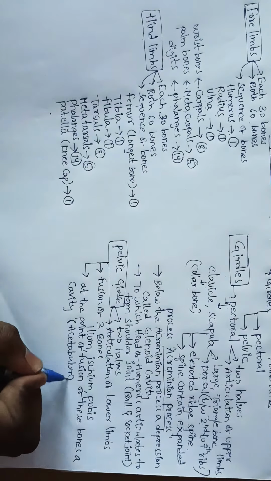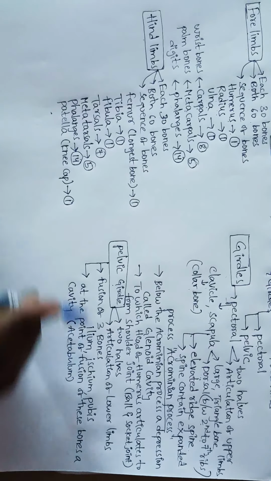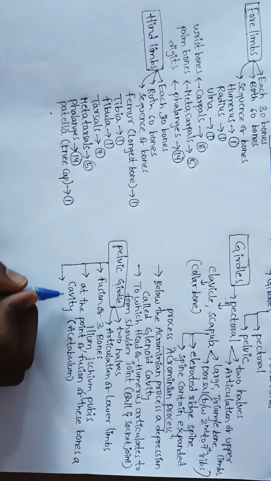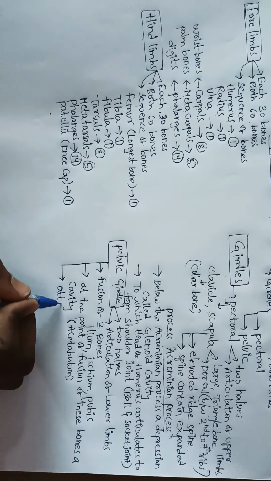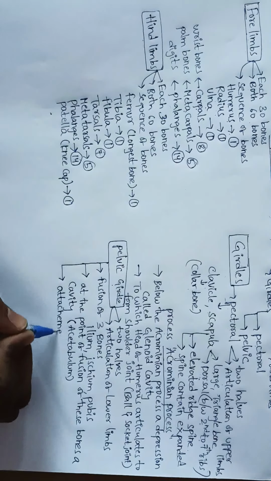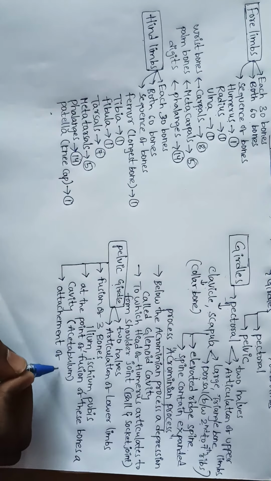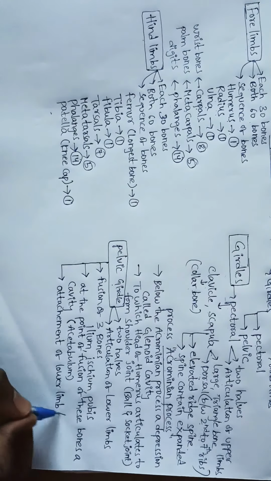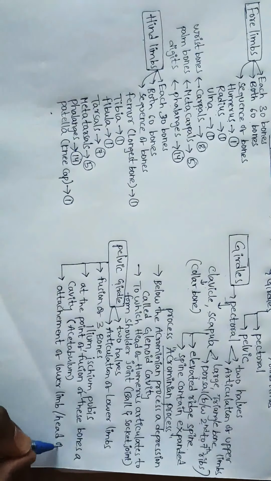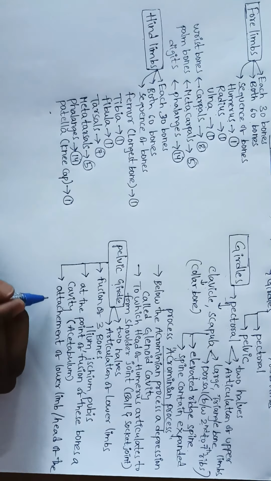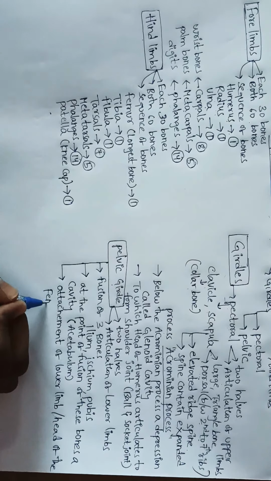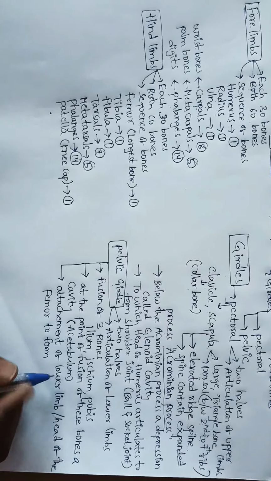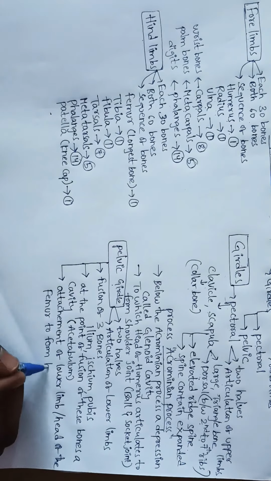The cavity at the fusion of ilium, ischium, and pubis of pelvic girdle is called acetabulum. This acetabulum is useful for the attachment or articulation of the lower limb, the head of the femur, to form the hip joint.